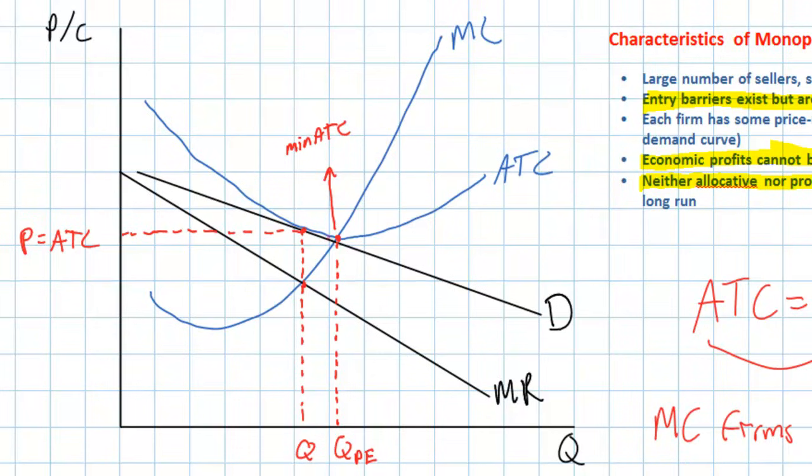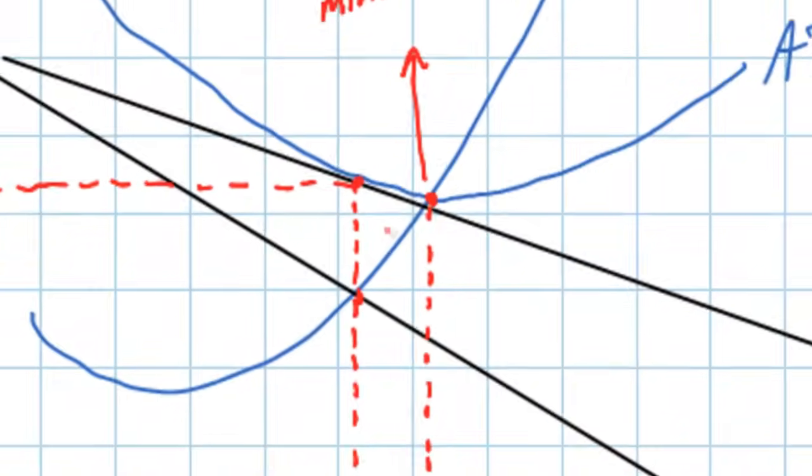To determine this, we must look at demand, which is a signal of marginal benefit. If marginal benefit equals marginal cost at the firm's profit maximizing quantity, then we can say that the firm is allocatively efficient. But let's look closely here.